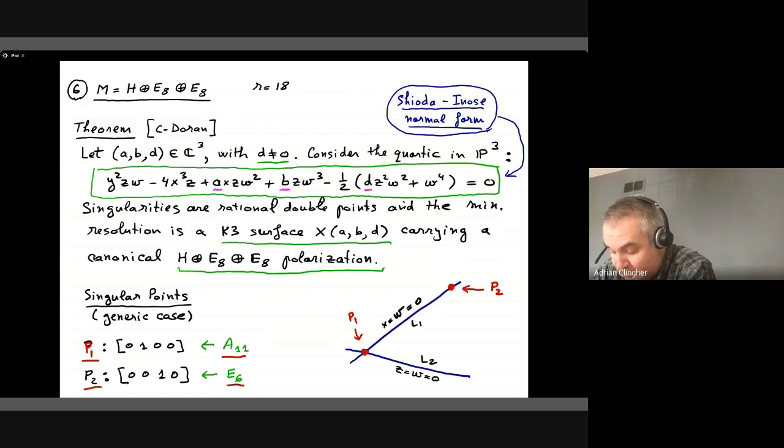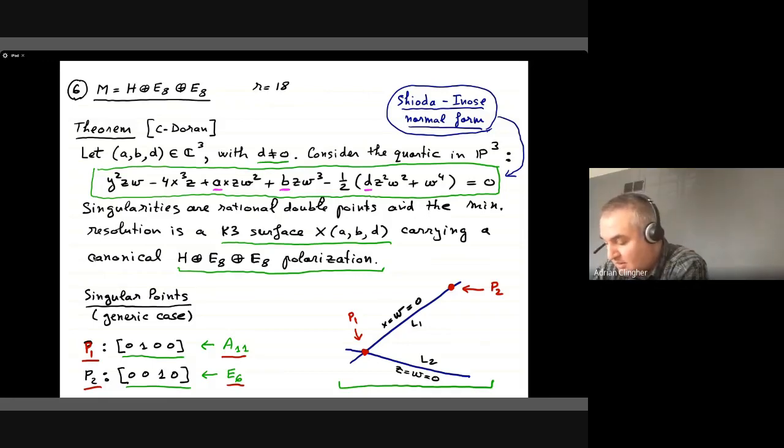Well, one way to see that is to look for singular points in the quartic equation I've just given. And it turns out that generically there are just 2 singular points, which I denoted P1 and P2 here. One is at 0, 1, 0, 0. The other is at 0, 0, 1, 0. And there are also 2 lines in P3 that are indicated in this picture.